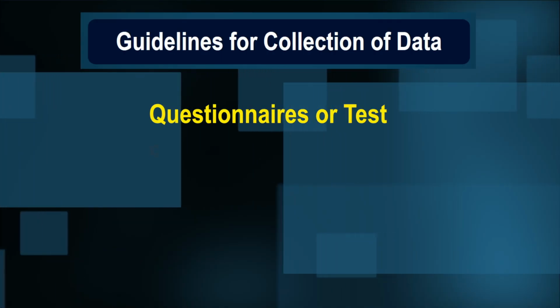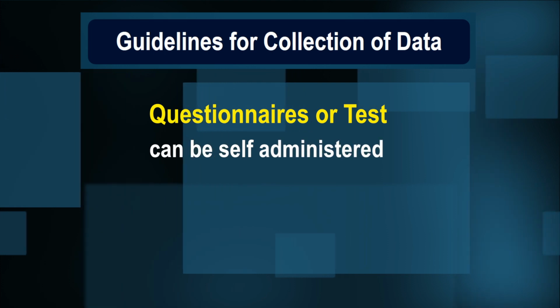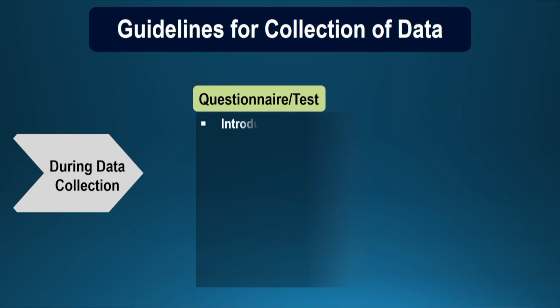Questionnaires or tests can be self-administered. In that case, when a researcher goes and selects a sample and administers the test or provides the questionnaire to the respondents, then the researcher needs to introduce himself or herself to the respondents.